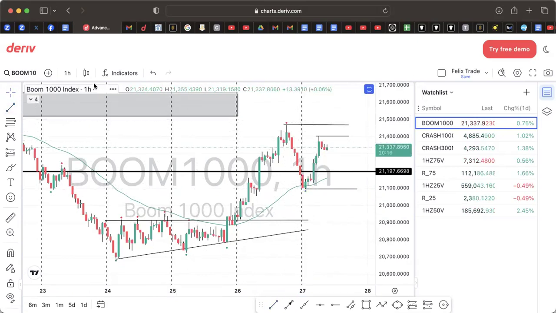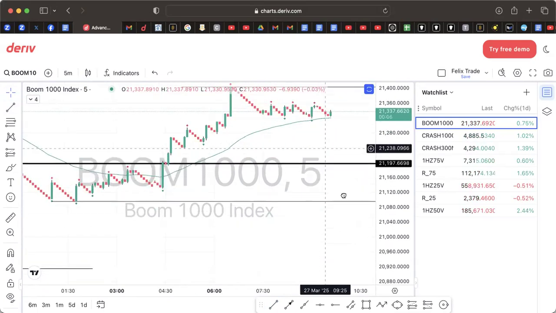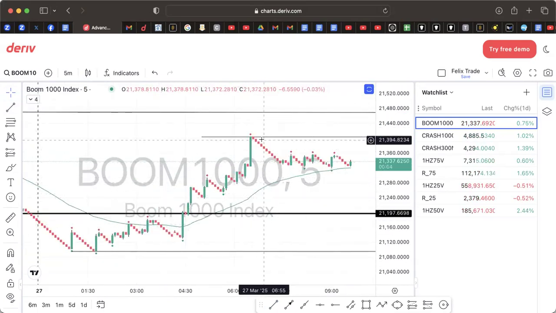Right. So we'll go to 1 hour, 5 minutes. Now, on the 5 minutes, one of the things is that this is the 50 moving average. Markets eventually weaken. That's the only thing you need to know.